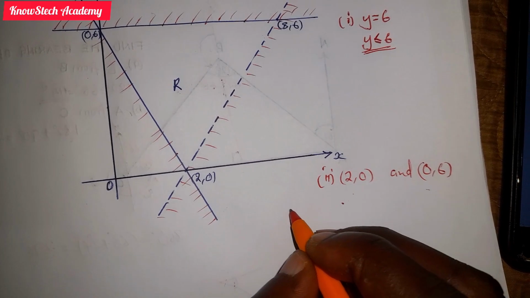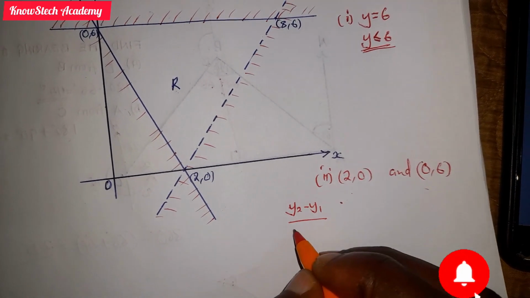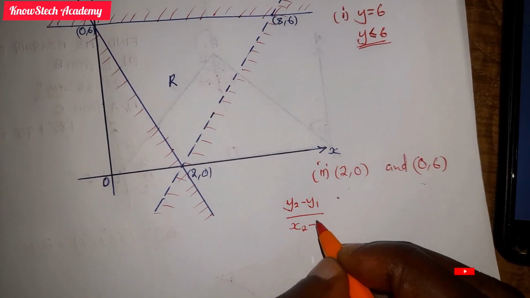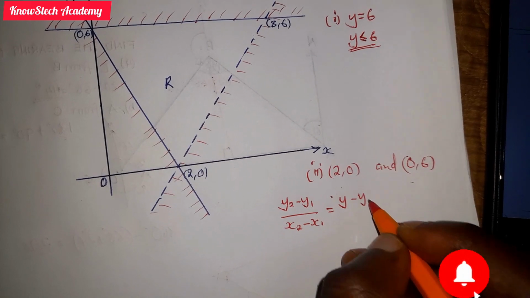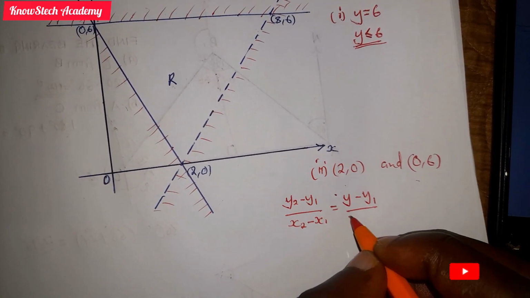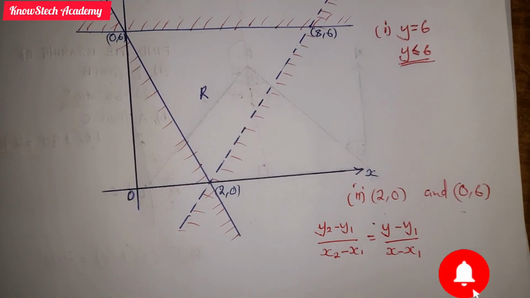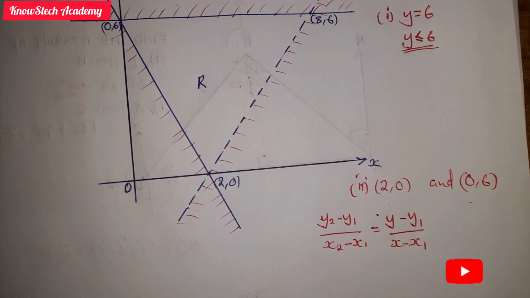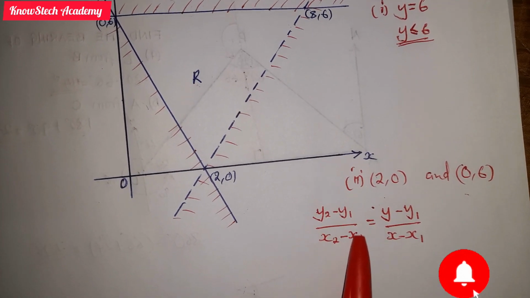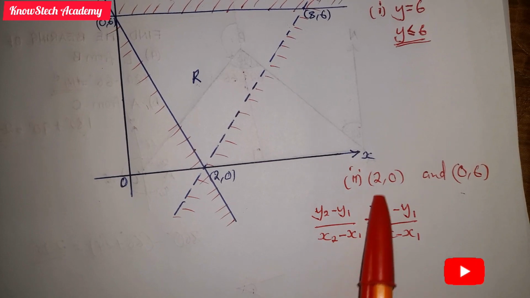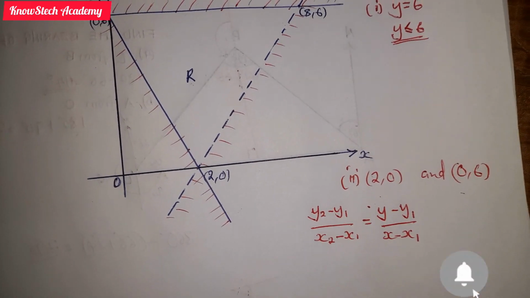This is (y2 minus y1) over (x2 minus x1) is equal to (y minus y1) over (x minus x1). As simple as this. This part is the formula for gradient, then this is for finding the equation of a line. When you combine them, you find the equation of a line.